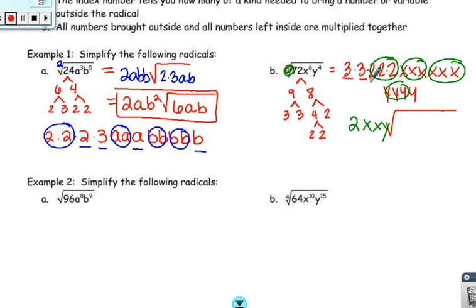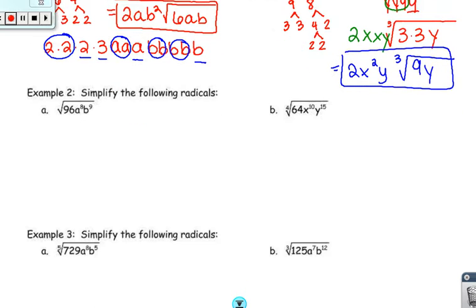This 3, this 3, and this y. So our final answer, 2x squared y, is on the outside. There's one group of 2's, 2 groups of x's, one group of y's. Inside, underneath the cube root, 3 times 3 is 9y.